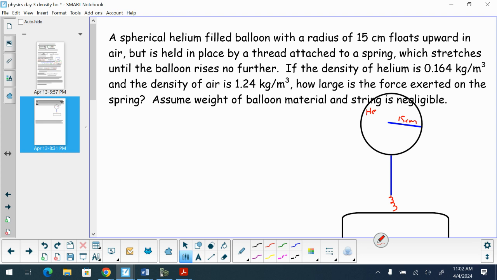Okay? Fluids can be a liquid or a gas. You have air that is here. That is a fluid. The balloon is floating in the fluid of air. The reason why it's floating in air is because air is providing a buoyant force pushing upwards.